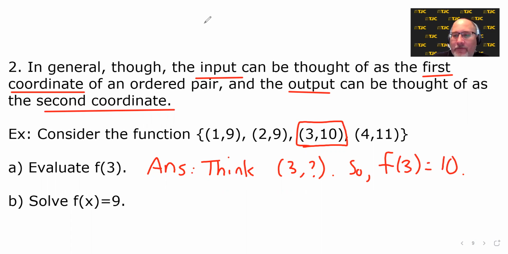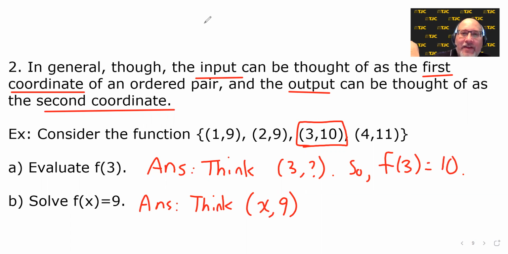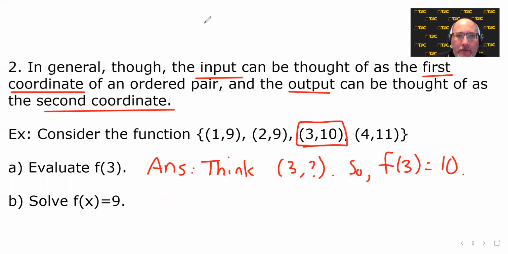If I said solve f of x equals 9, then we're thinking that the input is what we don't know, the output is 9, and so the first coordinate we don't know and the second coordinate is 9. And then we go looking for ordered pairs that have that structure.